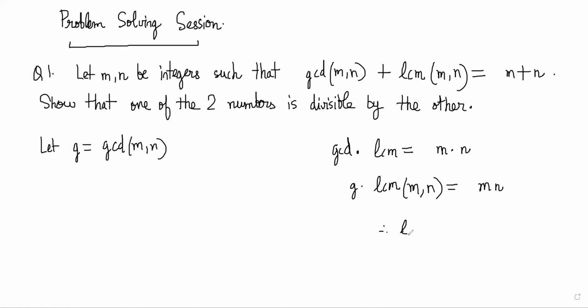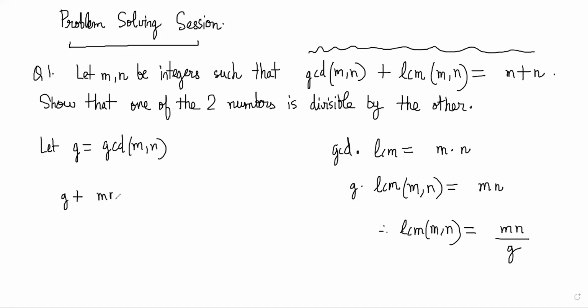So therefore we can say LCM of m and n is equal to mn divided by G, right? And now using the identity stated in the problem, we get G plus mn by G is equal to m plus n. Now simplifying this, you get G square plus mn is equal to m plus n times G.